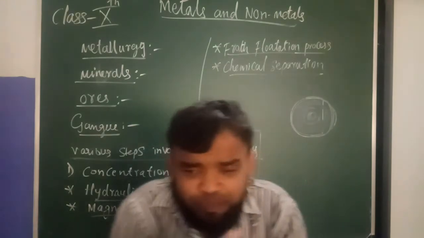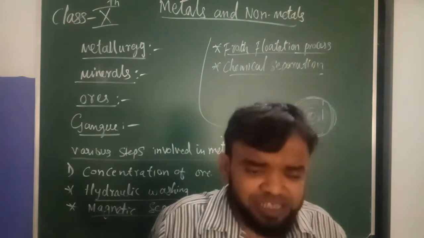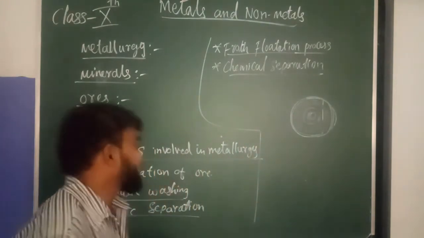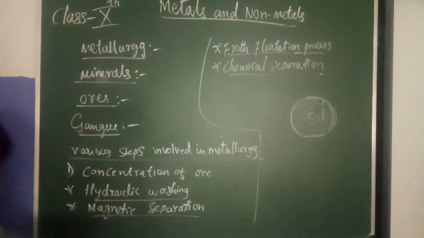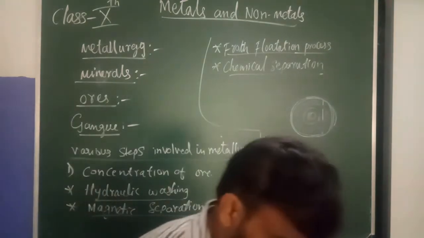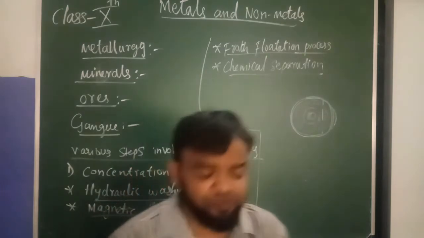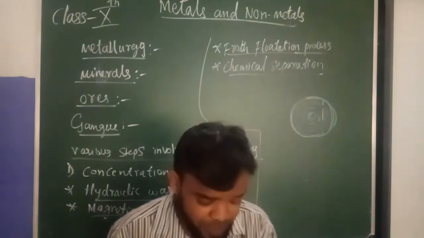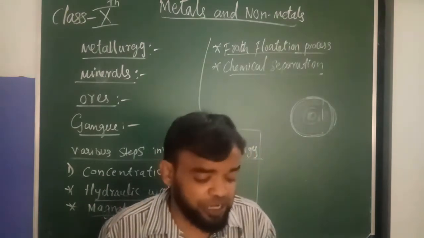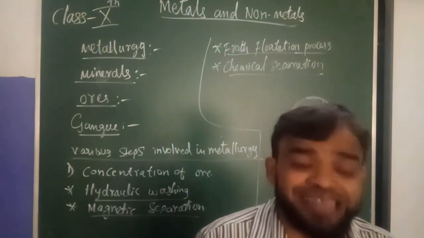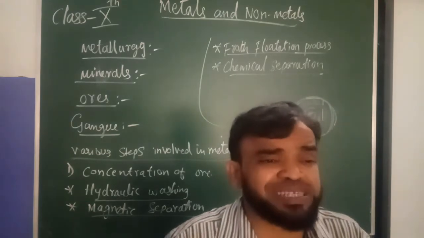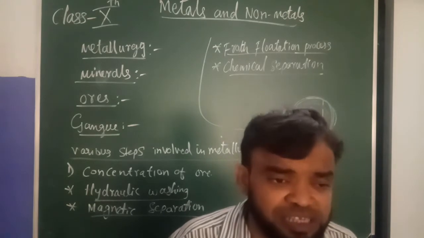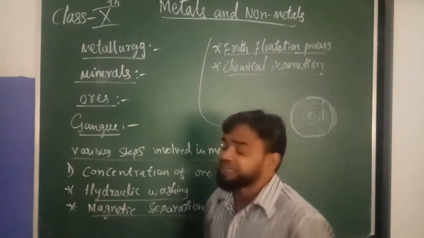We separate the metals, and what we get it from is the ore. Gangue: ores are usually contaminated with large amounts of impurities, such as soil and sand. These are present along with the metals, so we separate them out from the metals. That is nothing but gangue.